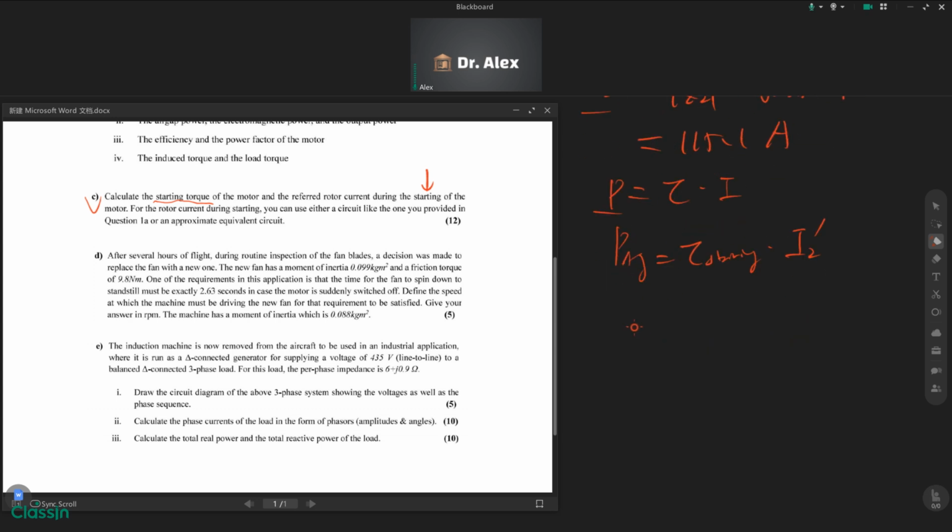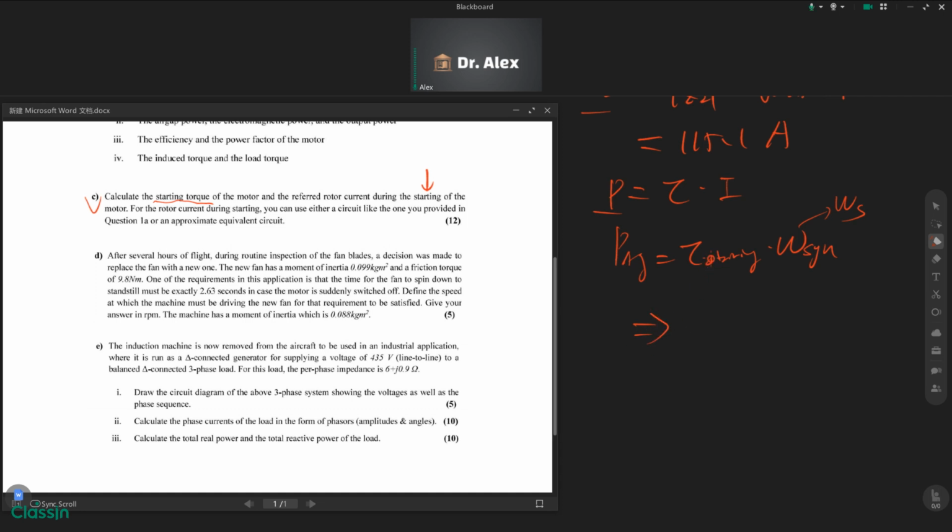So we can get our target: the starting torque equals P air gap divided by I2, oh sorry, I think I made a mistake. It's not I2. It's about the omega synchronous, which is the angular frequency for the stator. Forgive me, I just made a mistake.